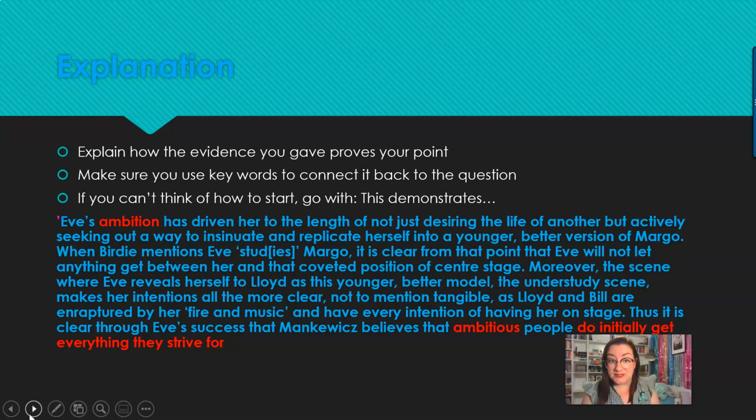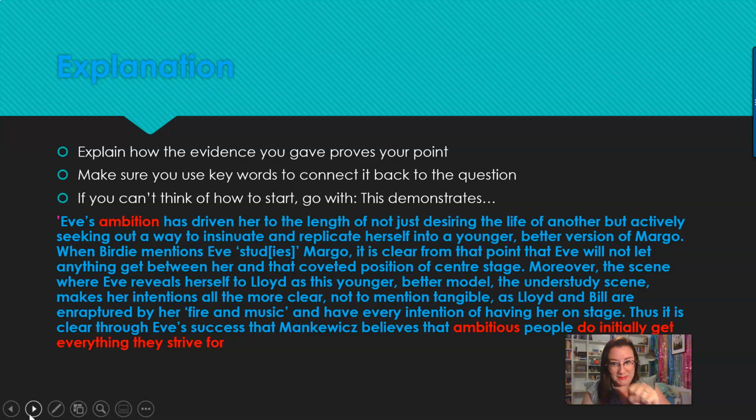When Birdie mentions Eve studies Margot, it is clear from that point that Eve will not let anything get in between her and that coveted position of centre stage. Moreover, the scene where Eve reveals herself to Lloyd as this younger, better model, the understudy scene, makes her intentions all the more clear, not to mention tangible.